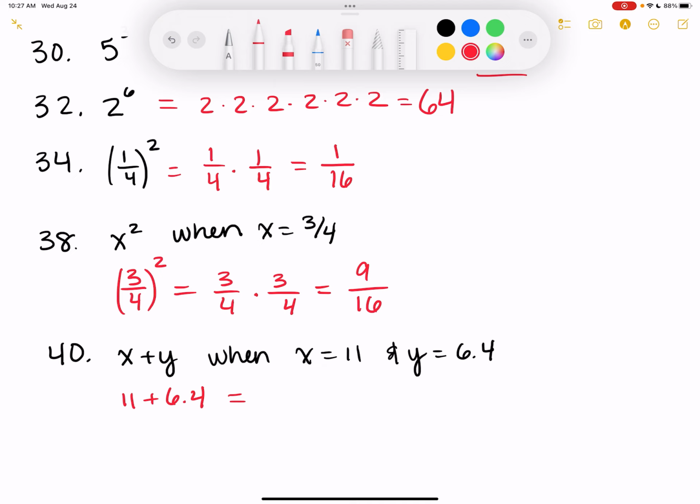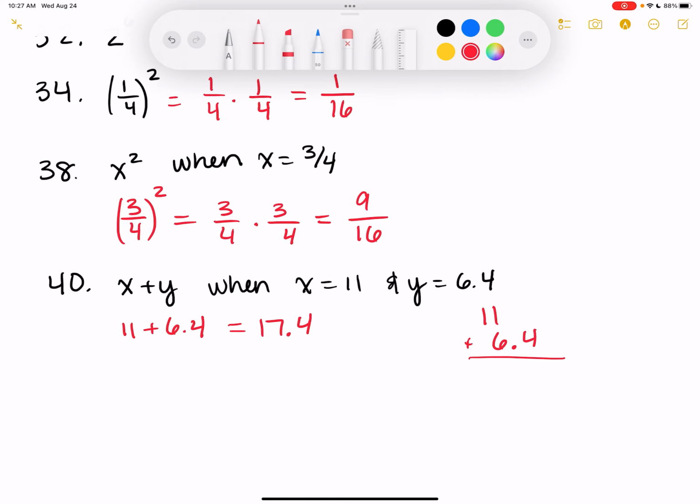So ignore the decimal. What's 11 plus 6? 17. And then since 11 doesn't have a decimal on it, we just add the 0.4 to the end. If it's easier to see it, you can write it stacked up like this so that you would be able to add down. We just keep the decimal points. They have to stay lined up with each other. But since there's not one on this one, that one just gets carried down by itself.